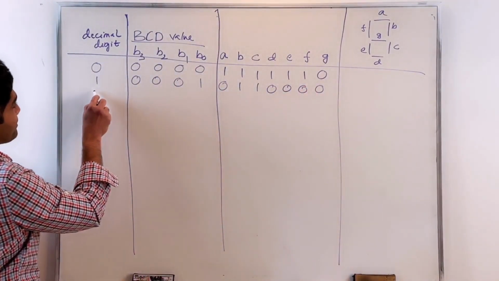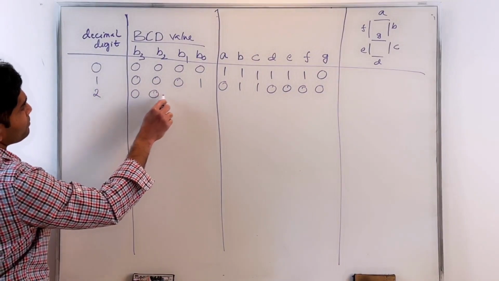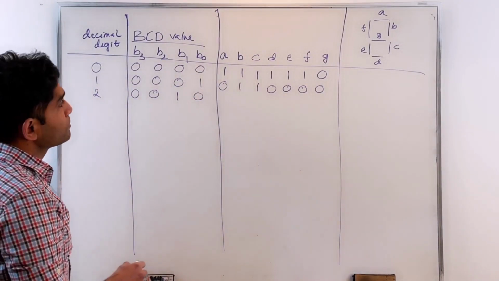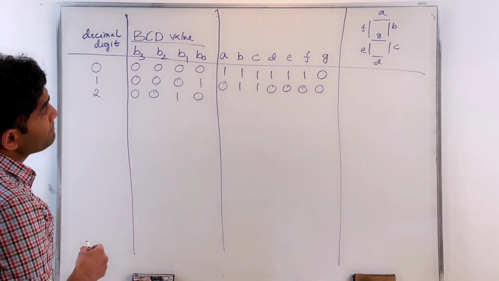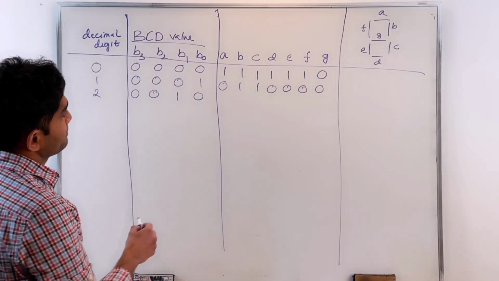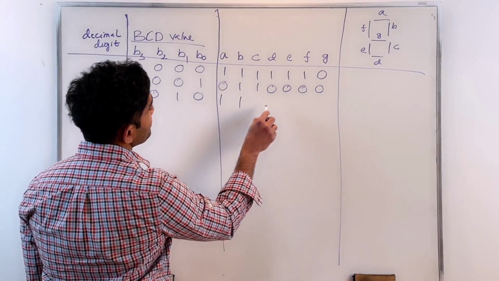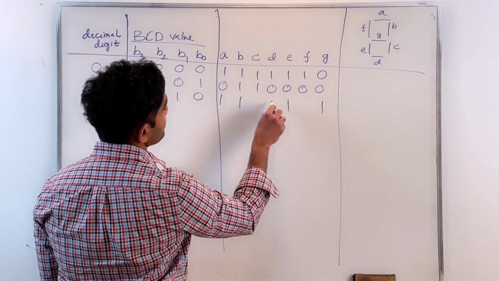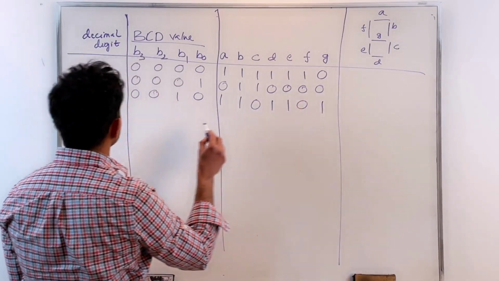And likewise, I can fill this table now. 0, 0, 1, 0 is 2. So that's A, B, G, E, and D. Rest of them are all zeros.